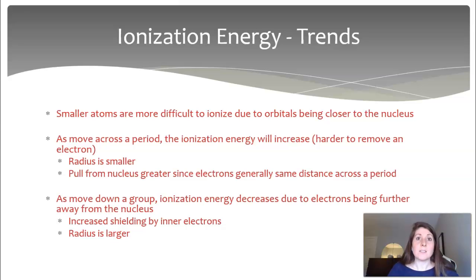The radius is smaller, so the pull is greater on the electrons, and it's harder then to remove them. As you move down the group, the ionization energy will tend to decrease because the electrons are going to be further away from the nucleus. So it's going to be easier to remove that electron to form a cation. There's going to be increased shielding from the inner electrons, so less of a pull from the nucleus, and then just the radius in general is larger.